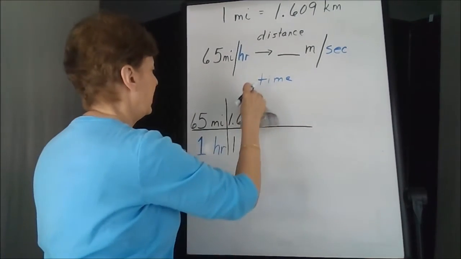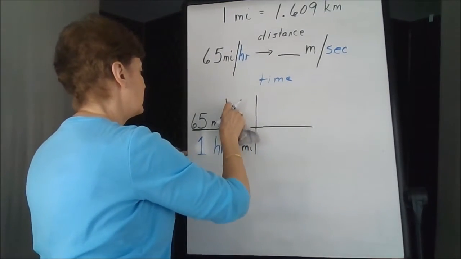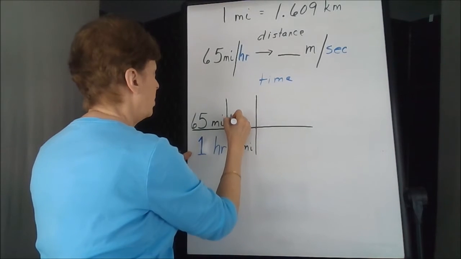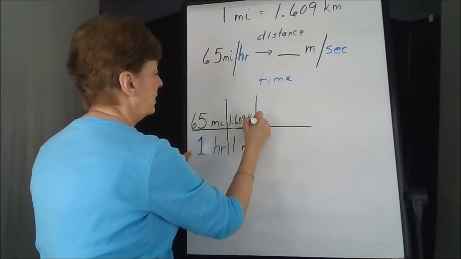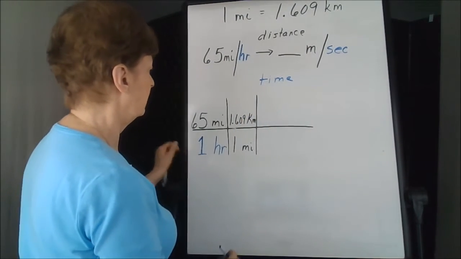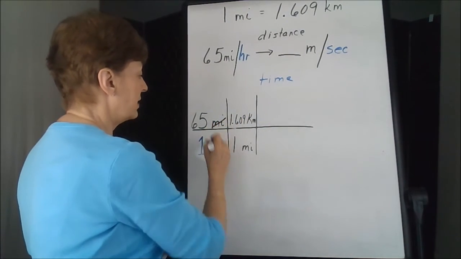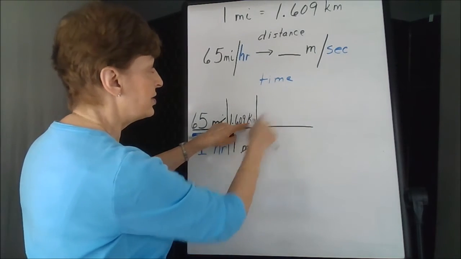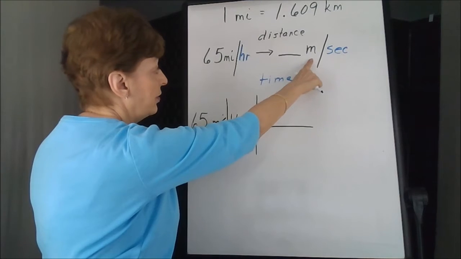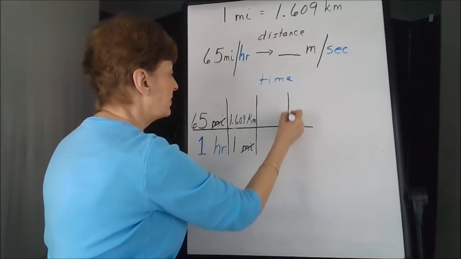kilometers. I don't have room for my label. Let me squeeze this in better. 1.609 kilometers. Miles can get canceled out. Kilometers are not what I need. I need meters. So we need another box for this.